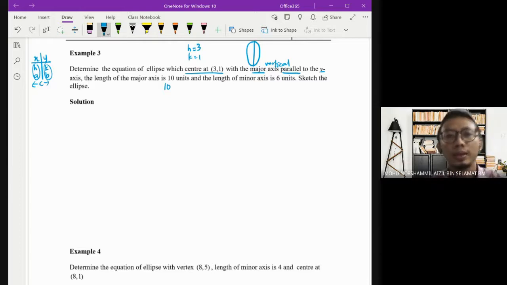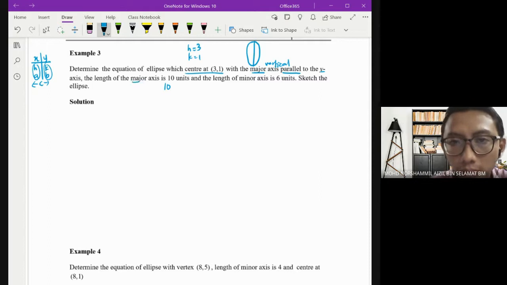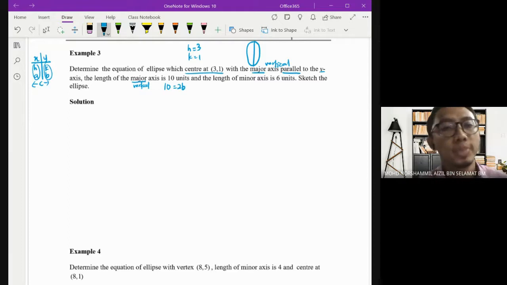Y tu KB. So maksudnya kalau dia kata measure tadi dah vertical. Measure is vertical part. So kalau vertical, maksudnya this 10 is actually for 2B. Dapat tak? Bukan B, 2B. Sebab ni B, yang bawah ni pun B. Faham tak? Dia okay guys?